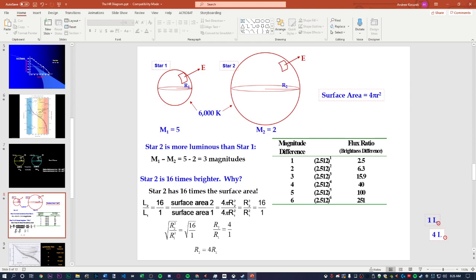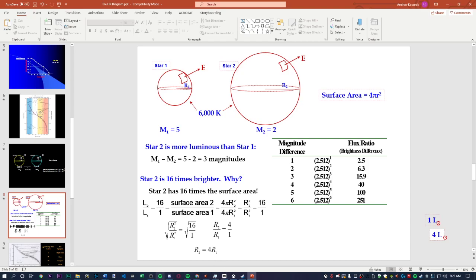These stars are the same temperature, however, their radius is different. And this is what's going to happen between the sun and Capella in your lab, because that's what your lab is asking for.